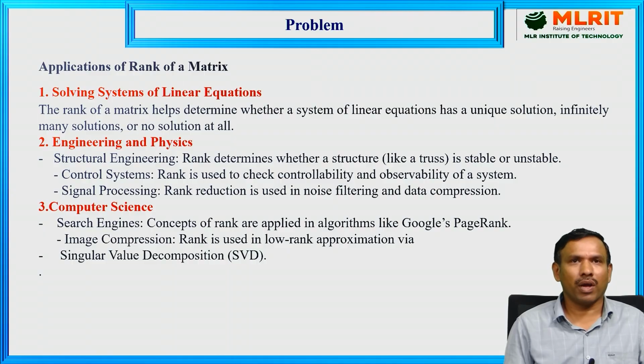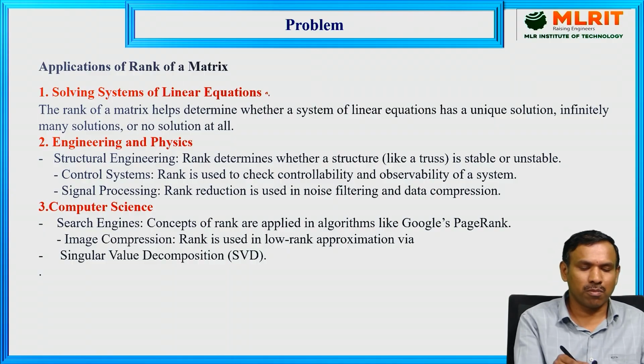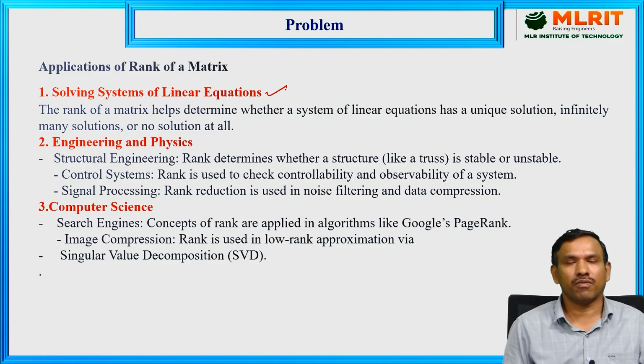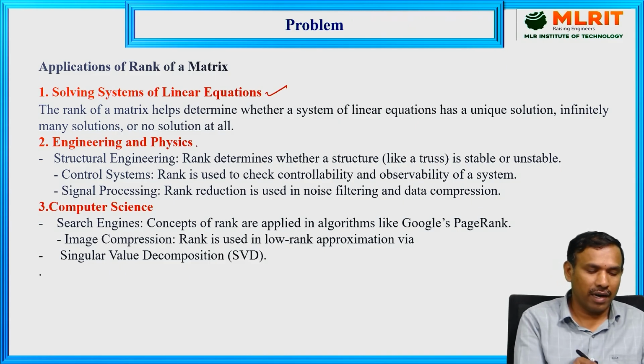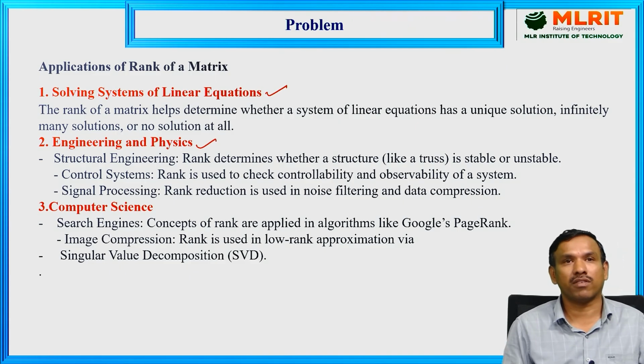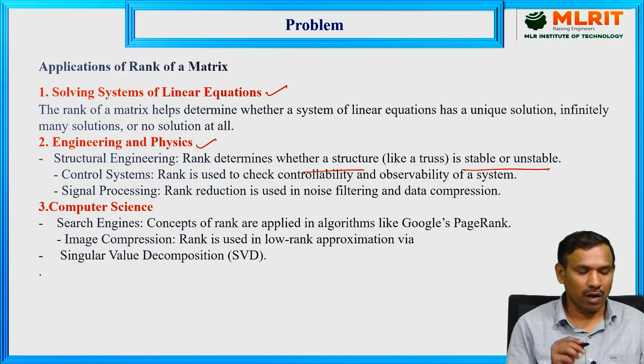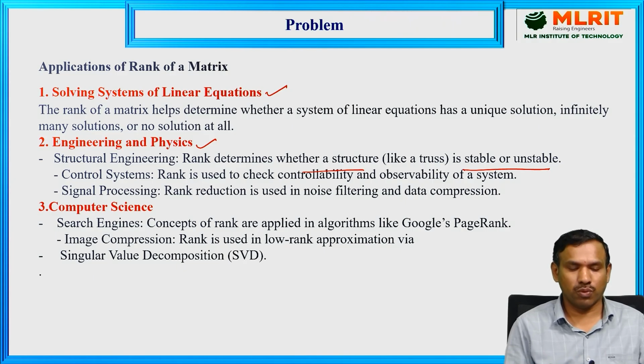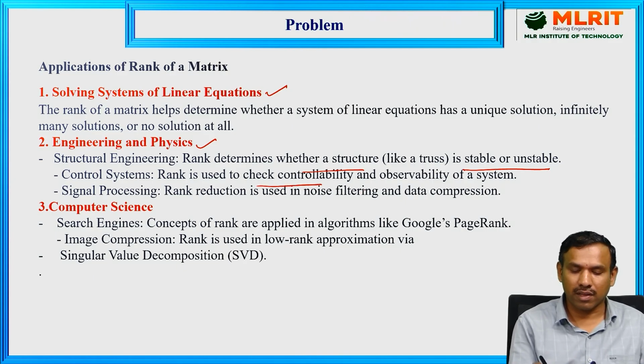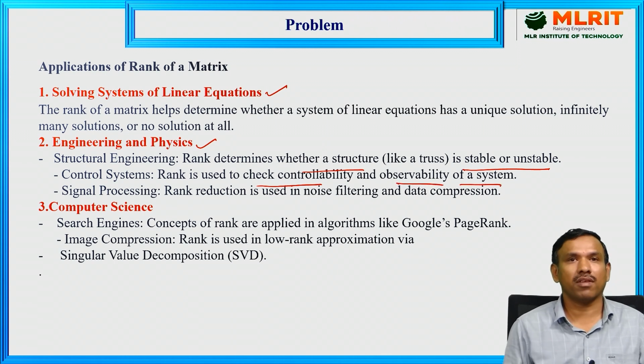Next, we have great applications of the rank of a matrix, that is, solving a system of linear equations, to decide which type of solution exists. In engineering and physics we also have applications, for example in structural engineering, rank determines whether the structure is stable or unstable. In control systems, rank is used to check the controllability and observability of a system. Signal processing also.